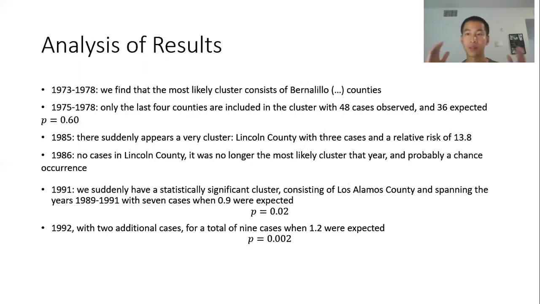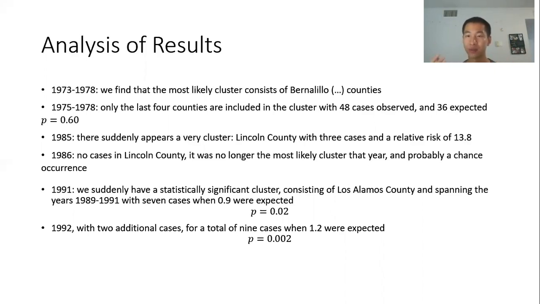Let's walk through this table a little bit. From the year 1973 to 1978, it is still the same most likely cluster, San Bernardino county, and the p-value is 0.6, which is too large. In 1985, the algorithm found that Lincoln County appears to be a cluster, but not confirmed yet.